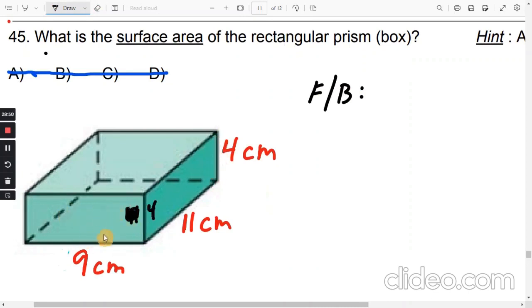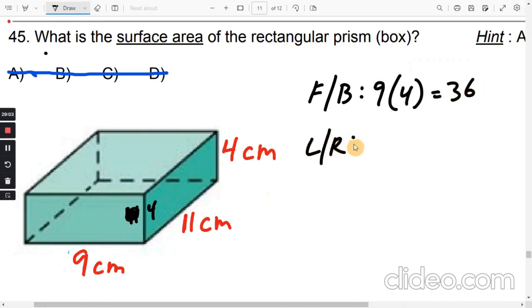So on the front and the back, it's the same, but we'll just do the front. That's 9 times 4, which is 36. For the left, right, here is the right. It's just 4 times 11. And that's 44.